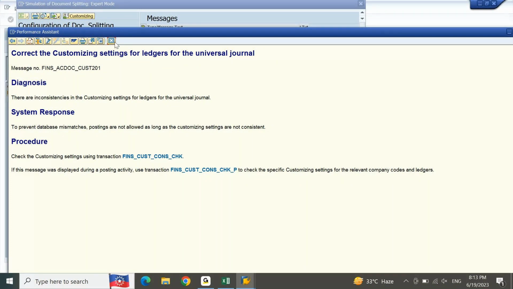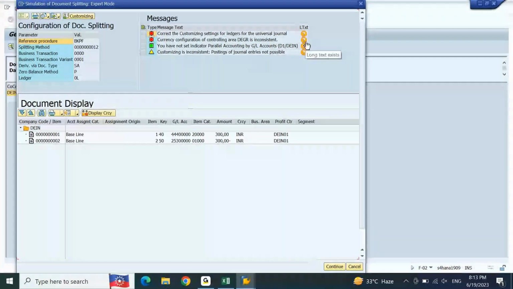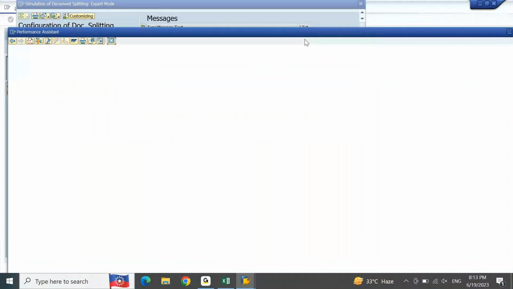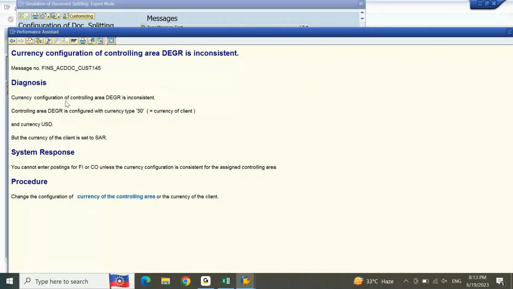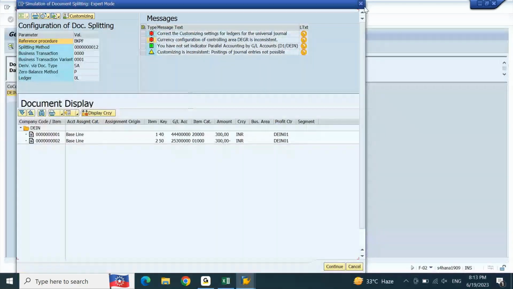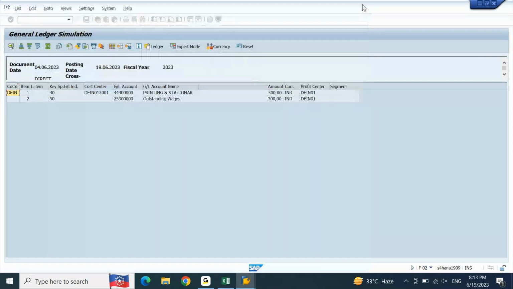Not this one. Let's open this one. Currency configuration is this, but the currency of the client is set to SAR. Change the configuration of controlling area. DEGR.